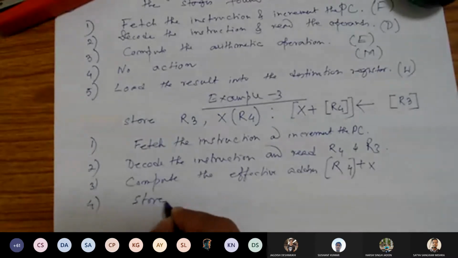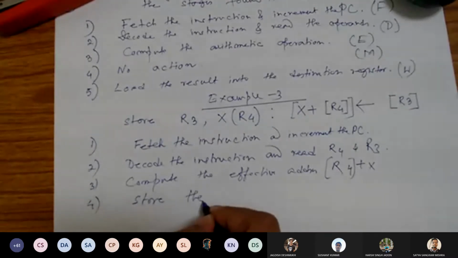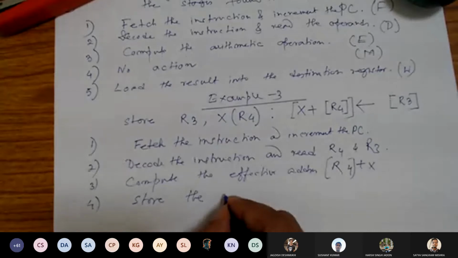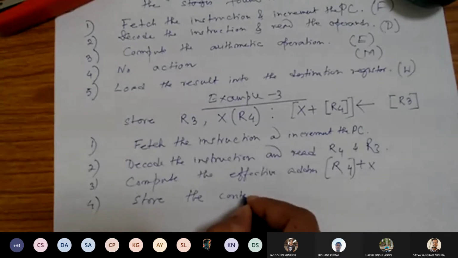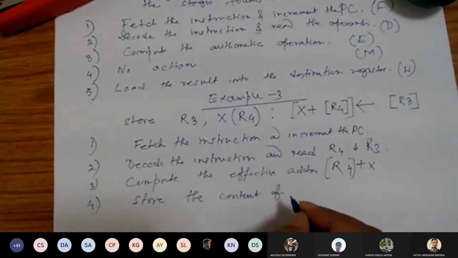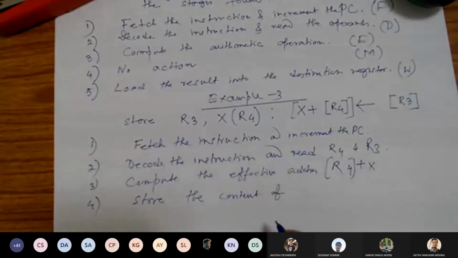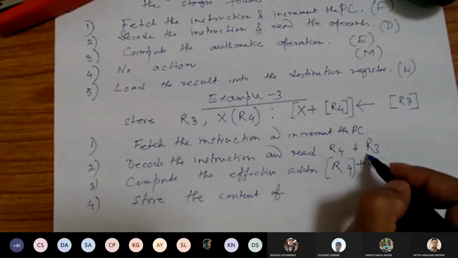Fourth, store the content. You see why we have read R3 at this stage.